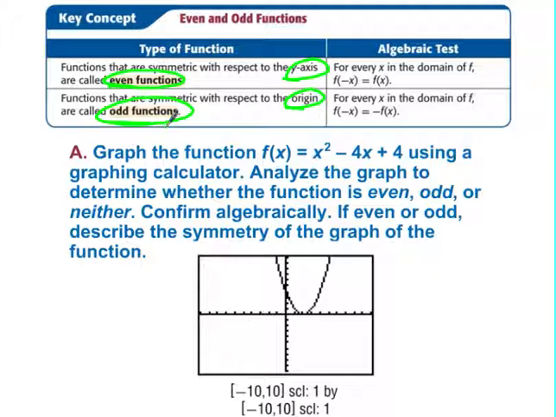Now make sure that it doesn't stay in the exponent. Make sure that you move it down. So you're going to have to use your arrow to move that down. When you get done with that, I want you to go to the zoom menu, which is located in the top middle, and I want you to hit Z standard, number 6.